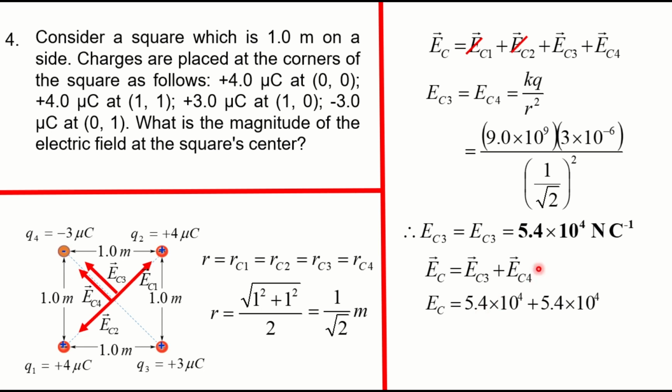EC3 is 5.4 and EC4 is also 5.4, so we get EC equal to 1.1 times 10 to the power of 5 Newton per Coulomb. This is question number 4. So you always identify the electric field strength direction and see that EC1 and EC2 cancel off each other.